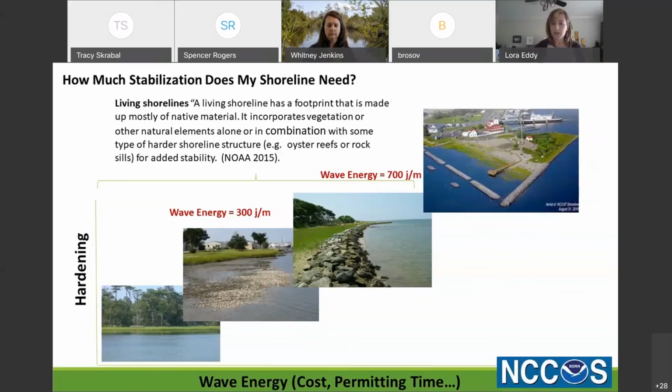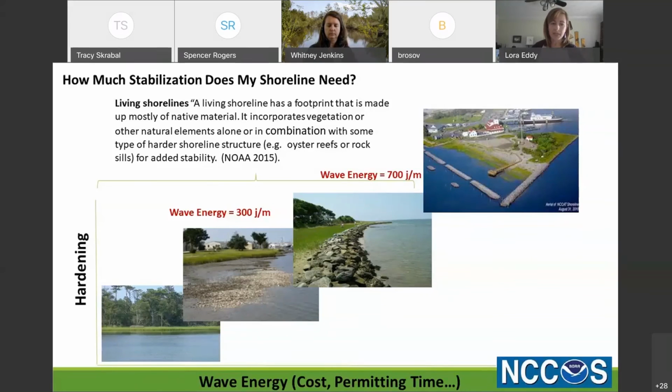And the reason we know this is we know physical processes, such as, as Spencer mentioned, boat and wind wave energy, are really dictating where some of these natural solutions will be effective enough for a homeowner or customer's approval to stabilize that shoreline. And let's look at the slide here.